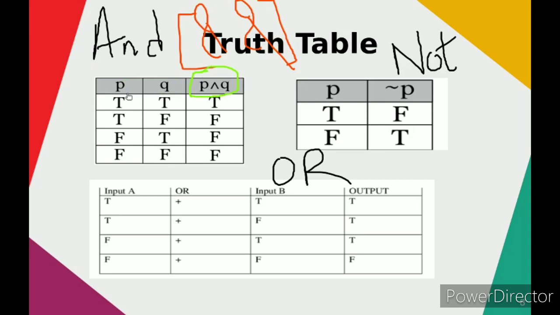Now, if the expression on the left of the AND operator evaluates to true and the expression on the right of the AND operator also evaluates to true, then the final result will also be true. And if any of the expressions evaluates to false, then the result will also evaluate to false. And this is the truth table for our AND operator.